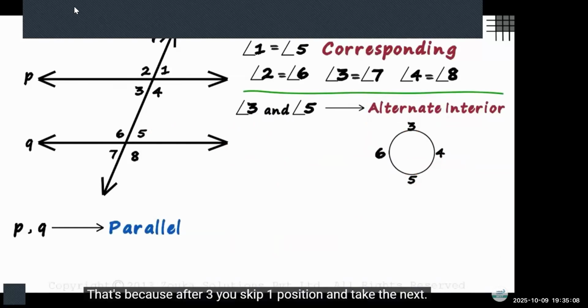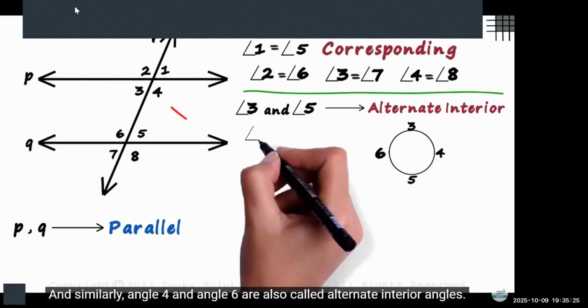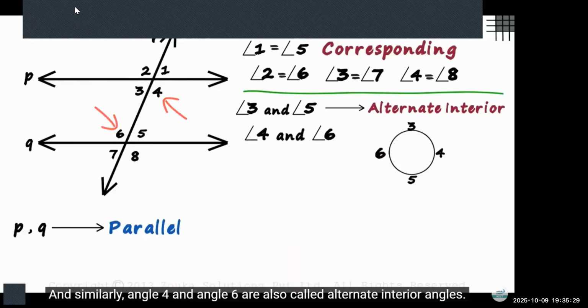That's because after 3, you skip one position and take the next. Similarly, 6 will be alternate to 4. In this diagram as well, to find alternate of 3, we skip one position and take the next, which is 5. And similarly, angle 4 and angle 6 are also called alternate interior angles.